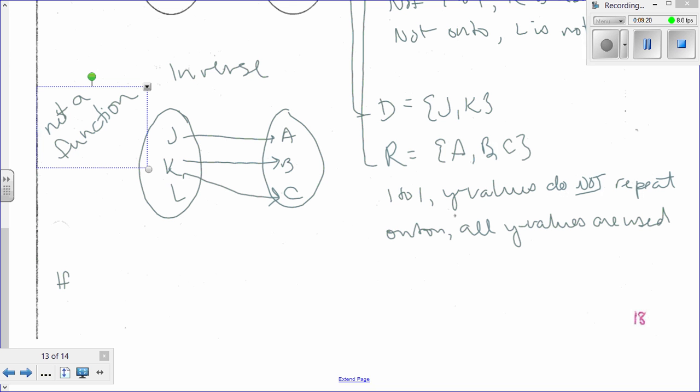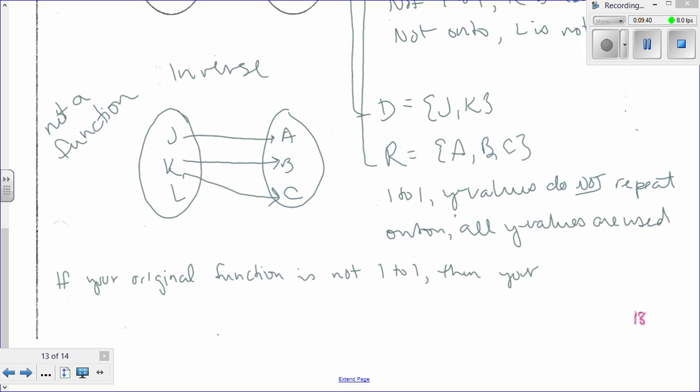If your original function is not one-to-one, then your inverse is not a function.